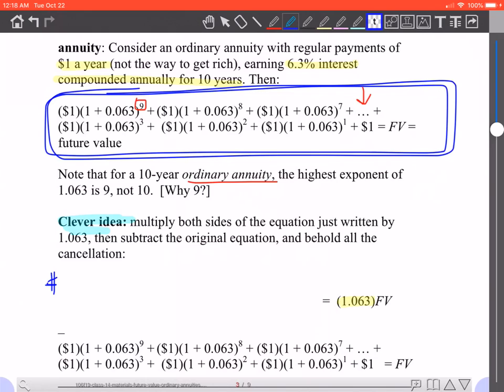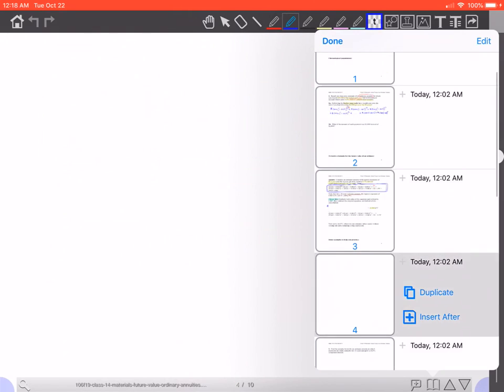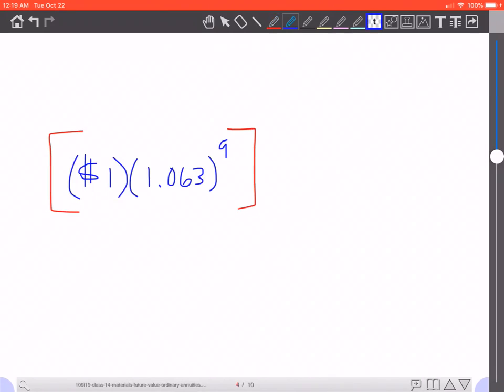I'm going to show you on a clear page first and then I'll go back here. I'm going to insert a blank page. Okay, we said what would happen. So here is your very first term. It was 1.063 to the 9th power. What's going to happen to this when we multiply by another 1.063?